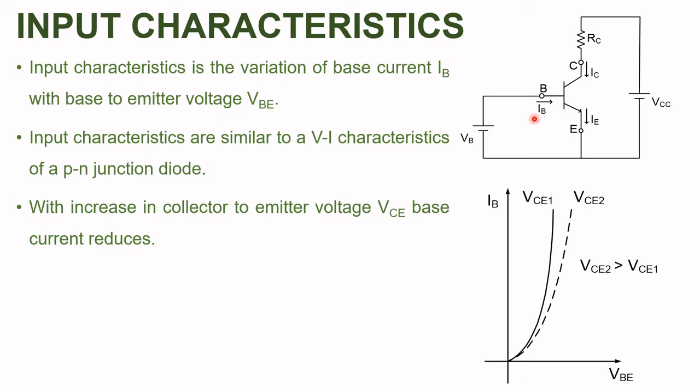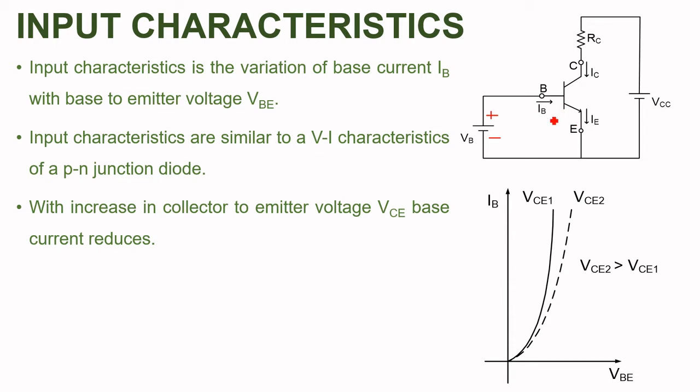If you see the structure of an NPN transistor, then the base is formed by the P layer and the emitter is formed by the N layer. If we are forward biasing this base to emitter, or applying a positive voltage to the base with respect to the emitter, then this PN junction will become forward biased.